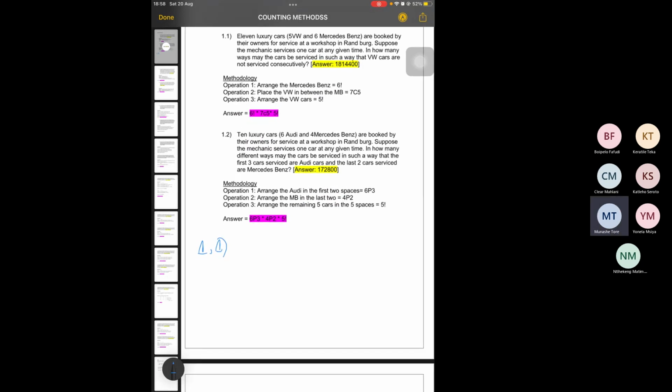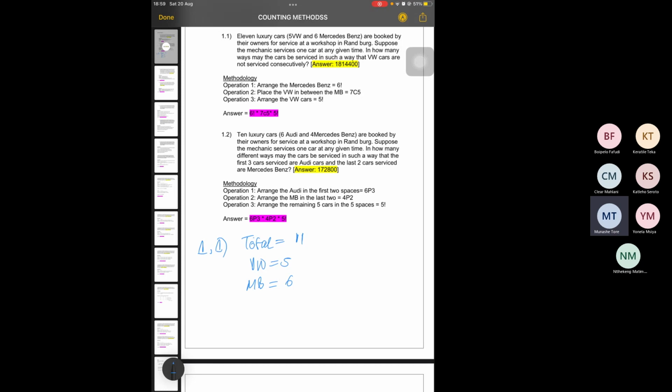So here you are told you have 11 luxury cars, so the total number of cars is 11. Then they're saying you have 5 VW. And for Mercedes-Benz, let me say MB, you have 6, booked by their owners for service at the workshop in Randburg.